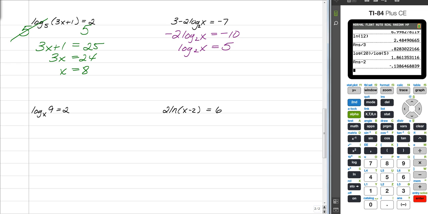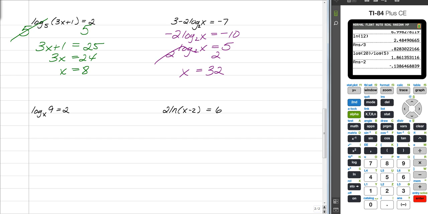And now we just have to get rid of the log base 2. So again, we're going to exponentiate both sides. So we now have 2 raised to the log base 2 of x, which are inverses, so they cancel each other out, is equal to 2 raised to the 5th power, which we know is 32. And if you got that, you are good to go.